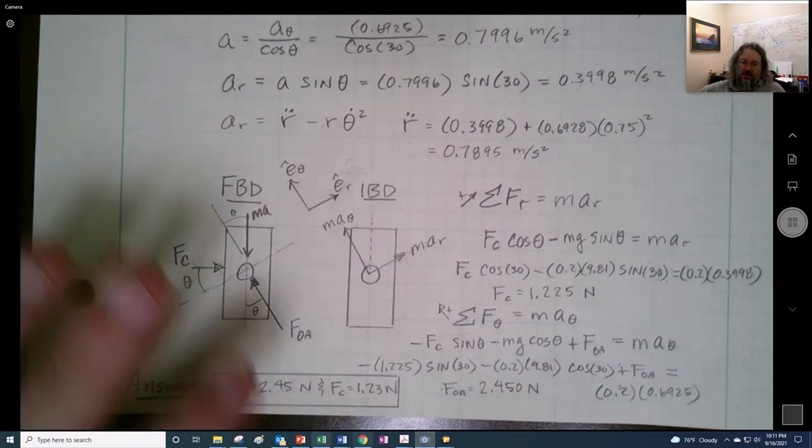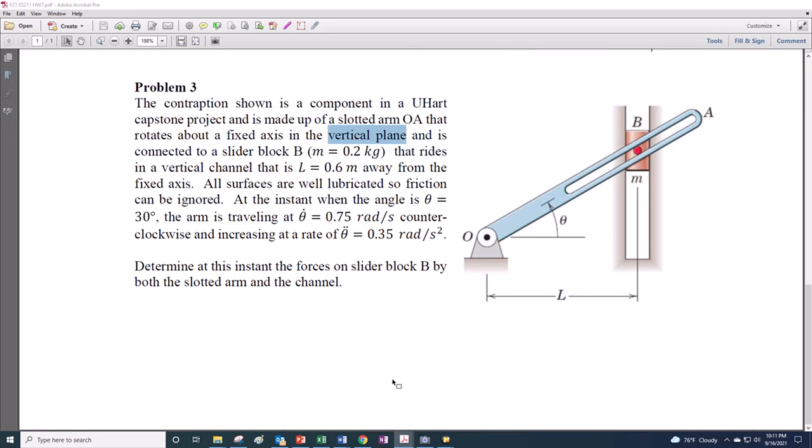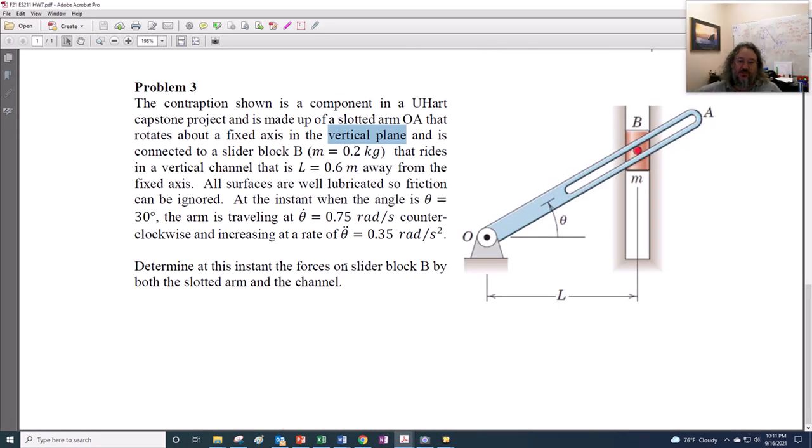But the way that the question was asked, you see, we want the forces on the slider box by both the slotted arm, which actually should be FC. No, that's the right one. OA and the channel. So the arm is the OA and the channel is the thing that it's in.